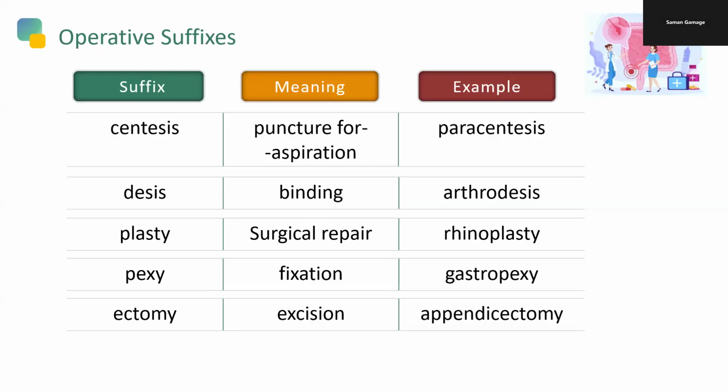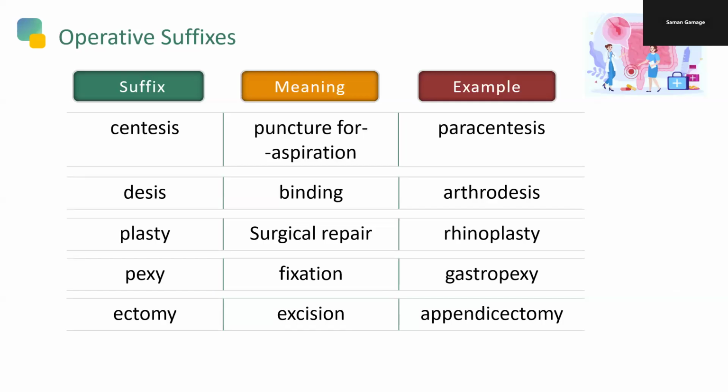Ectomy is excision. Appendicectomy is the term used for the excision of appendix. When there is appendicitis, the treatment may be appendicectomy. And in some countries they use the term appendectomy.